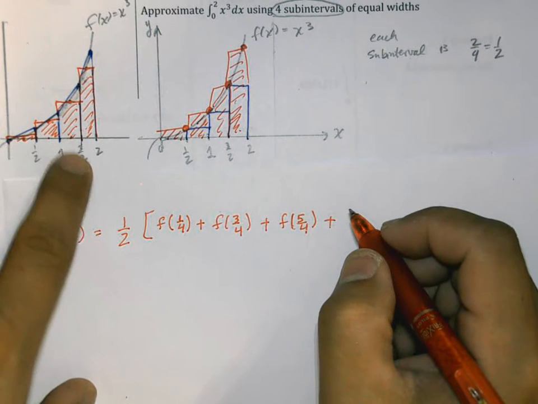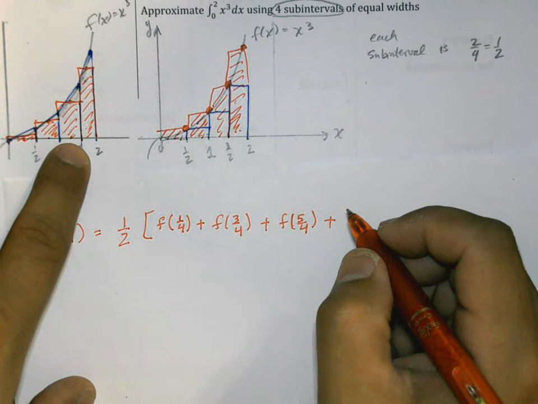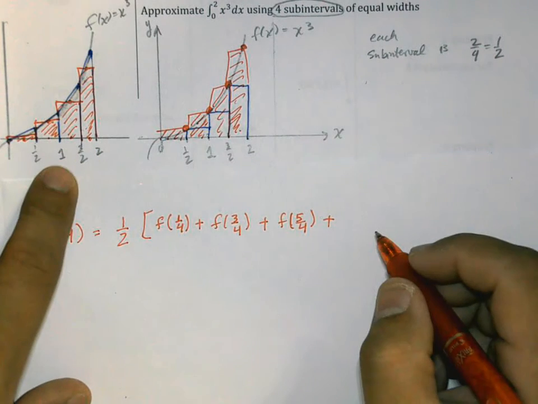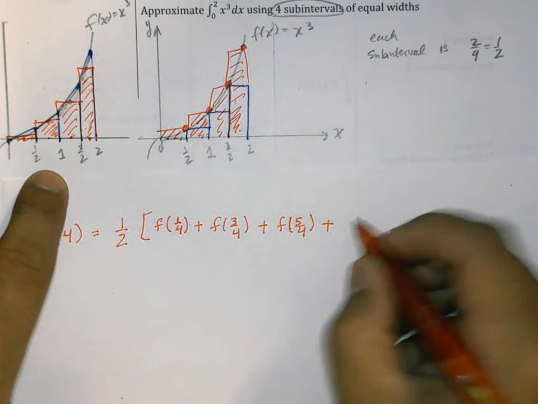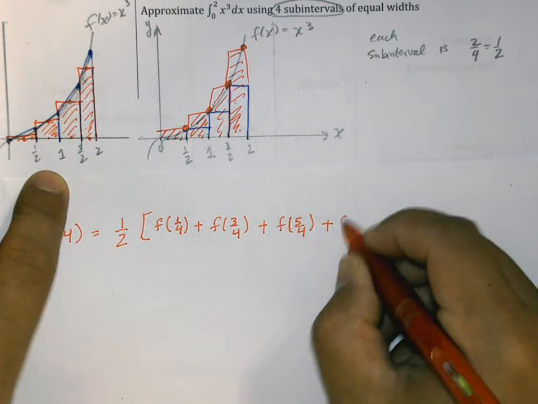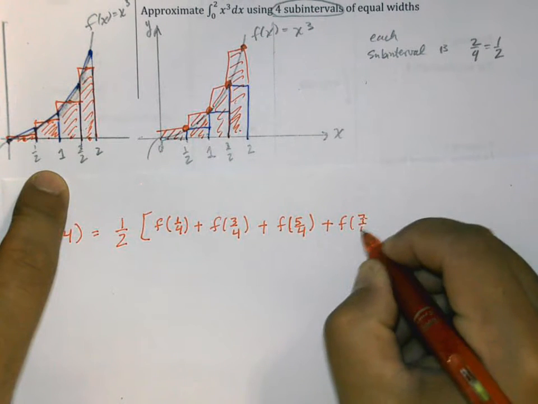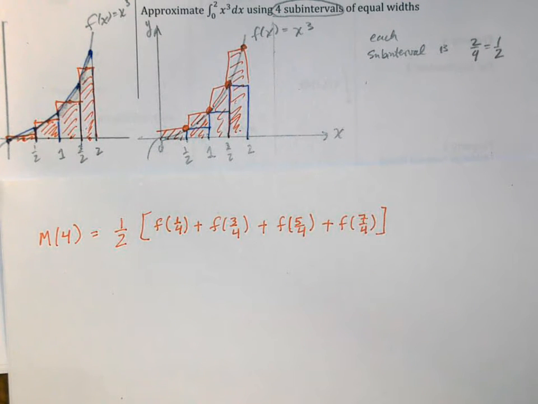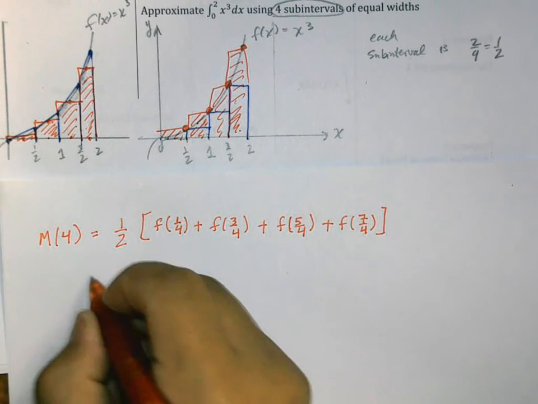And then this is between 1.5 and 2, so this point here is 1.75, or 7/4. So we're going to calculate that and then just add all of it up.